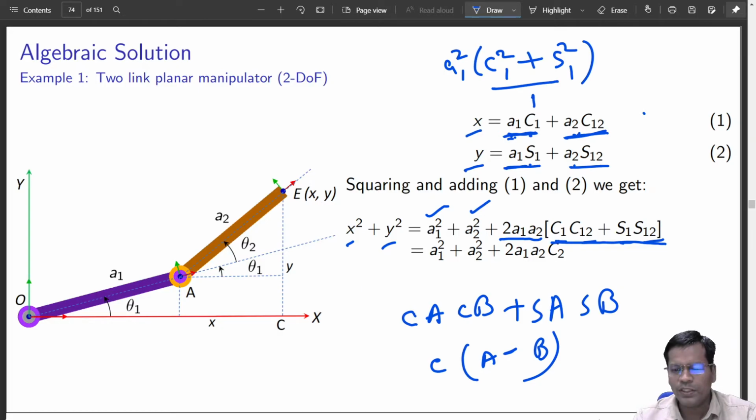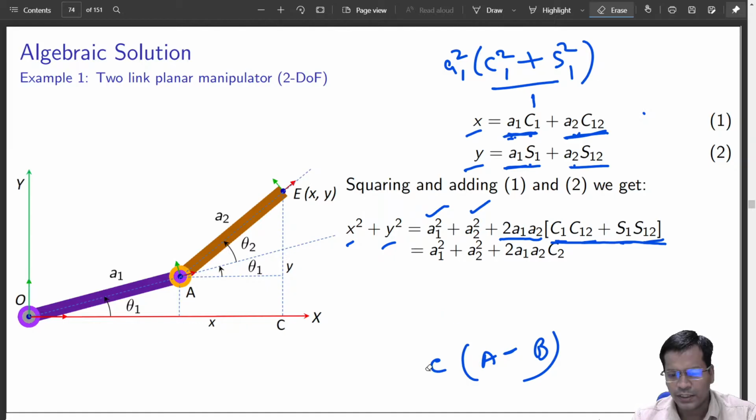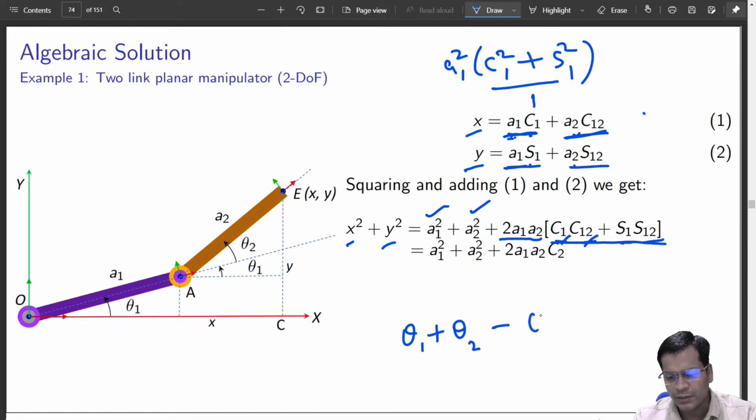Effectively what you get here is cos of theta 1 plus theta 2 minus theta 1. So this is your cos. These two go off, and you are left with cos theta 2, or simply c2.